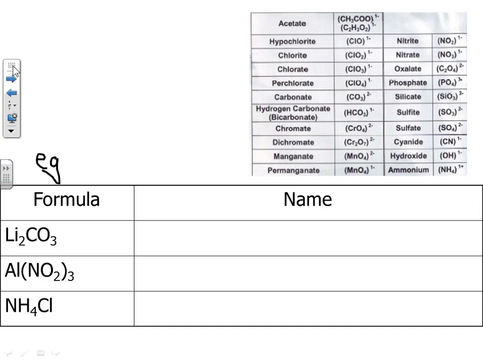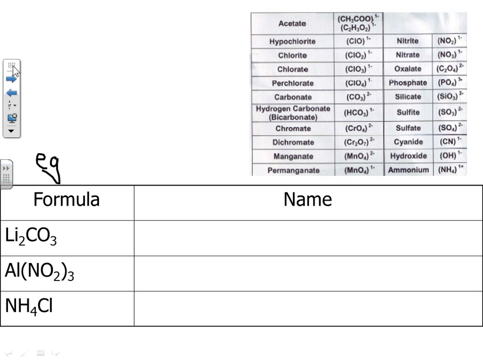Now, even though these compounds contain 3 different atoms, the name will always have 2 parts. Just like we name sodium chloride with 2 parts, the positive ion sodium and the negative ion chloride, the names of these will also have 2 parts.